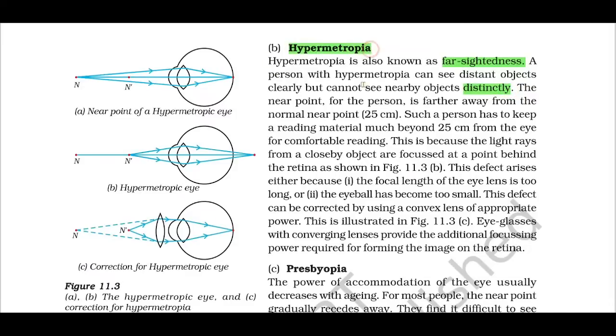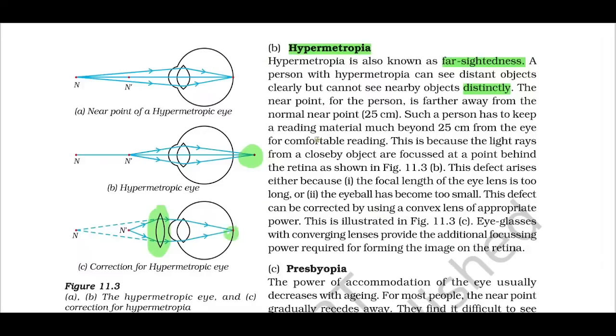This condition is known as hypermetropia. That means the image is formed behind the retina, as you can see in the figure. A suitable convex lens should be used so that the image is formed exactly on the retina.